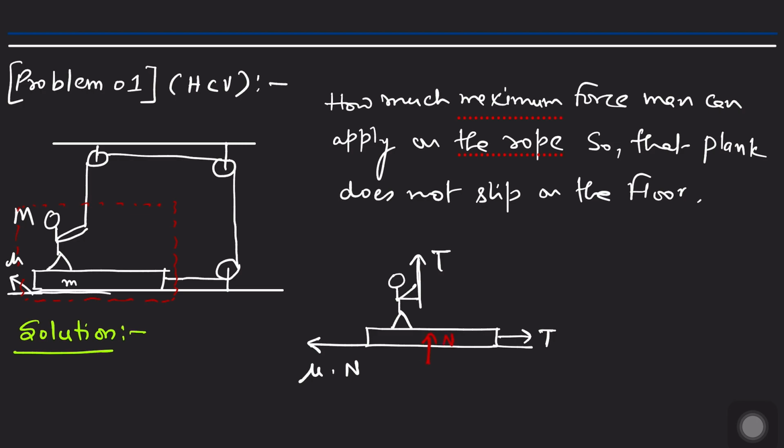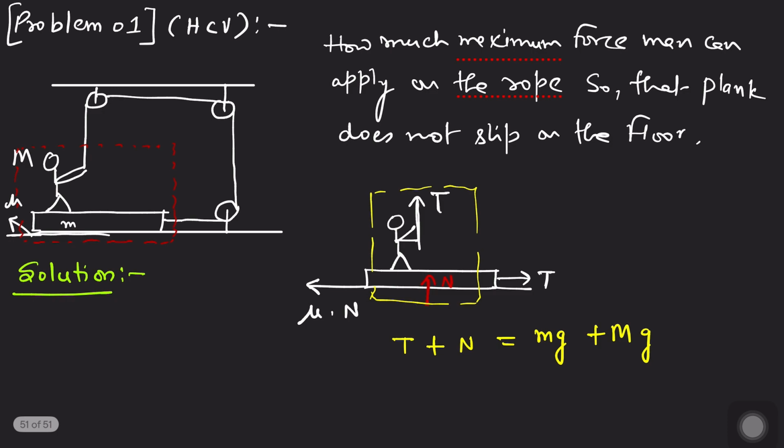And if you see, in the vertical direction there is no motion happening. So we can say the net force in the vertical direction should be 0. So T plus N is equal to the weight of the plank plus the weight of the man.